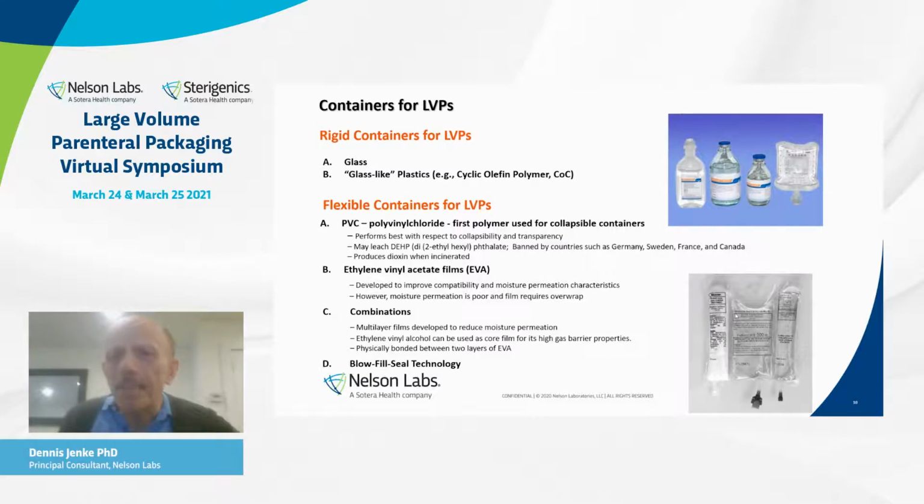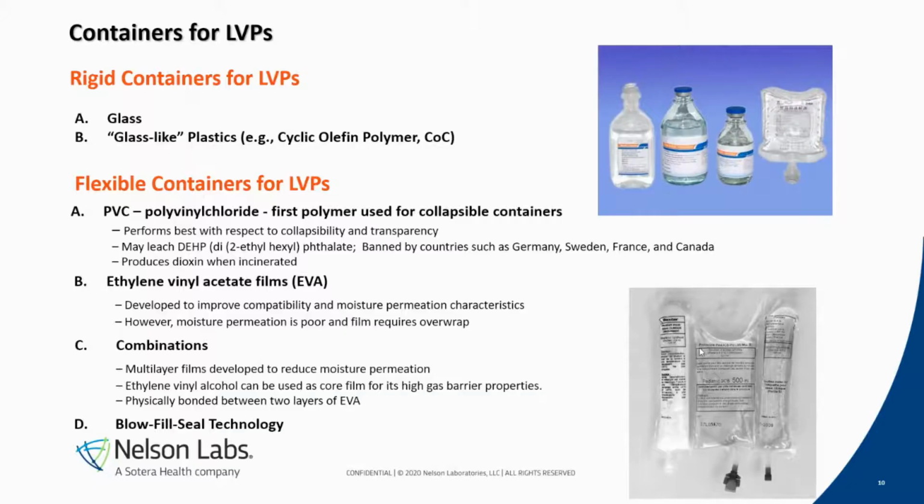That particular plasticizer has certain health issues associated with it, and is currently banned in a number of different countries. And so, as packaging for LVPs evolved, the flexible PVC containers were replaced by EVA films, ethylene vinyl acetate films, and combination films, multi-layer films, polyolefin films, and so on and so forth.